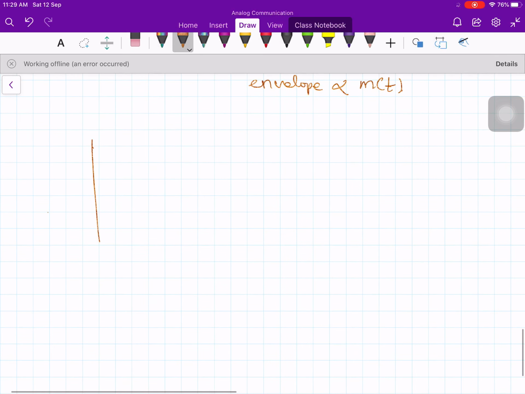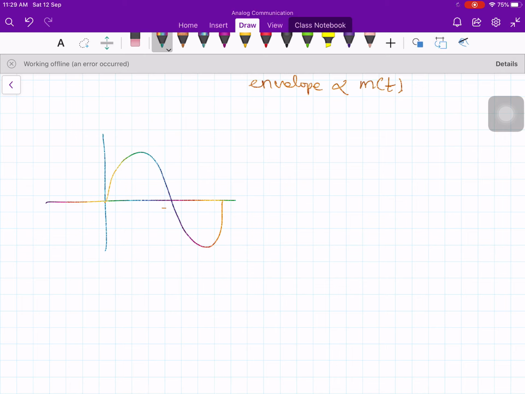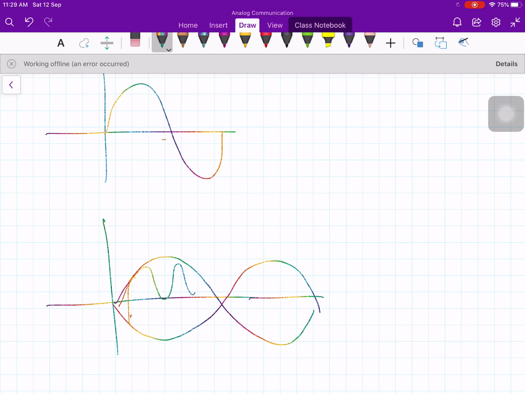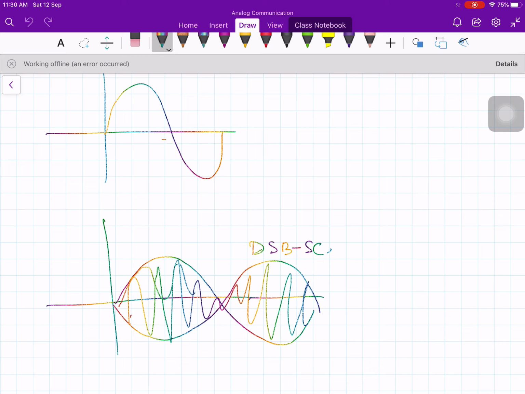If you recall your DSB-SC, a sine wave, if you do the modulation, then it will be like this. This is my DSB-SC waveform. So this negative portion becomes a positive portion here, right?